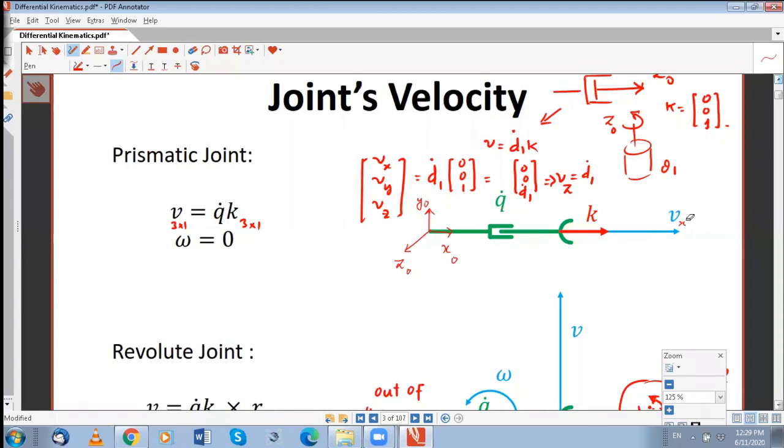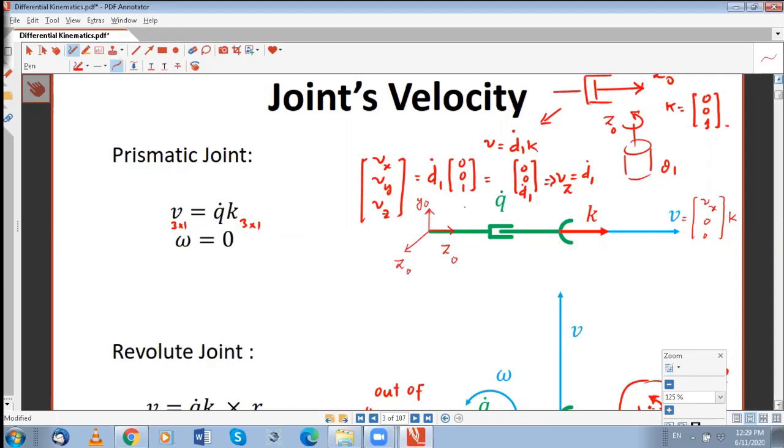Or instead of giving it x, we can write it in vector form as this. Vx will not be 0, Vy will be 0, and Vz will be 0. And then you have to write the unit vector as well, and the unit vector here is k. The reason we call it k is we assumed previously that our joint variable will always be along z. So let's call this z.